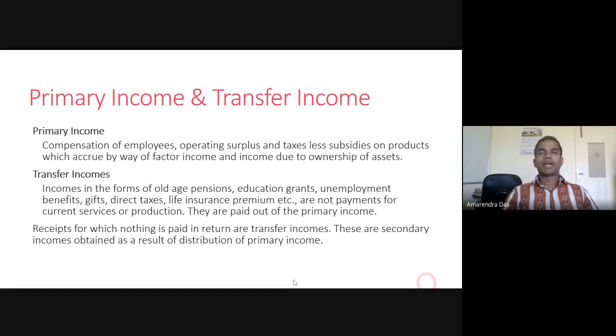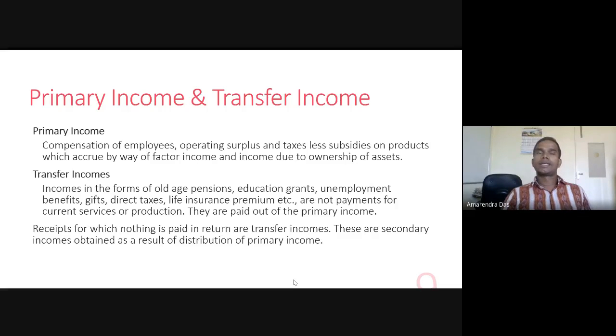Now some more concepts: primary income and transfer income. Now what are the primary incomes? Primary incomes are basically the compensation of employees, then the operating surplus or the profits, and then all the taxes minus subsidies on products which accrue by way of factor income and income due to ownership of assets.